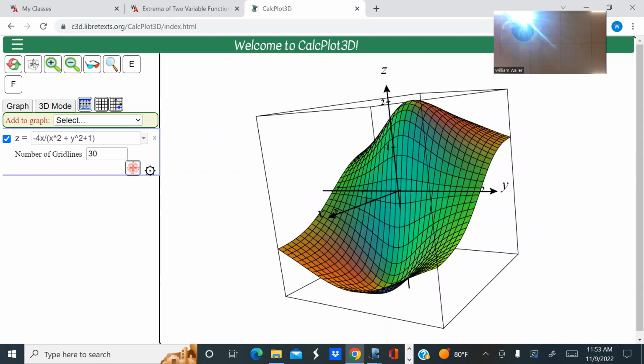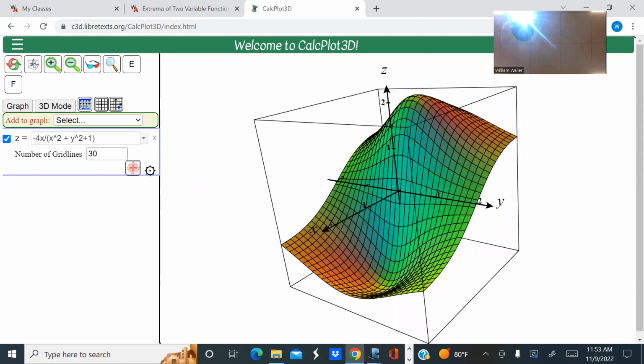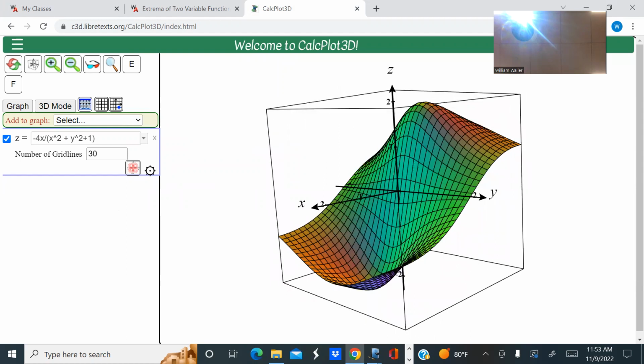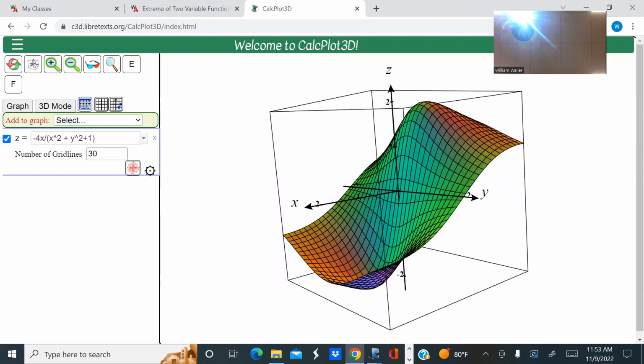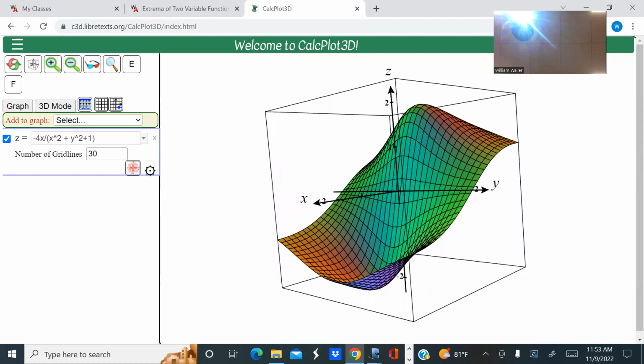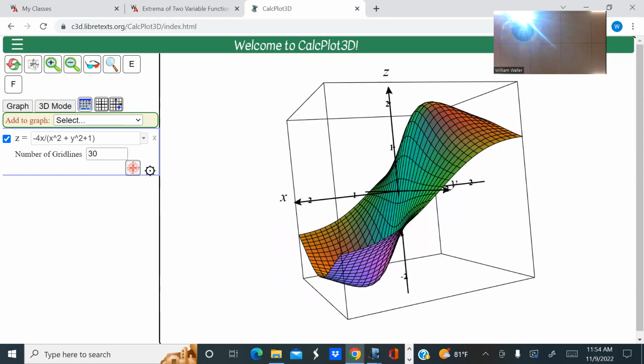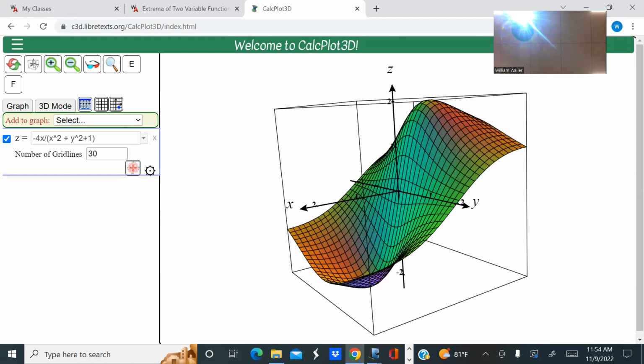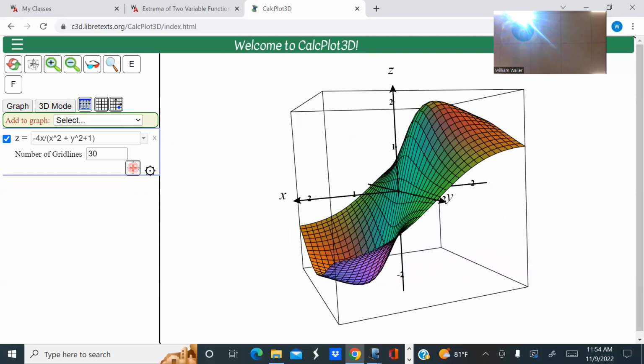I may not ever be able to get it back where I started. But if you rotate it a little bit just by grabbing the image and moving your mouse or your finger around, you can indeed see that we do have a local minimum and a local maximum. Which one is this one? Can we read the axes very well? I think that's -1, so that's x equals -1 and y equals 0.